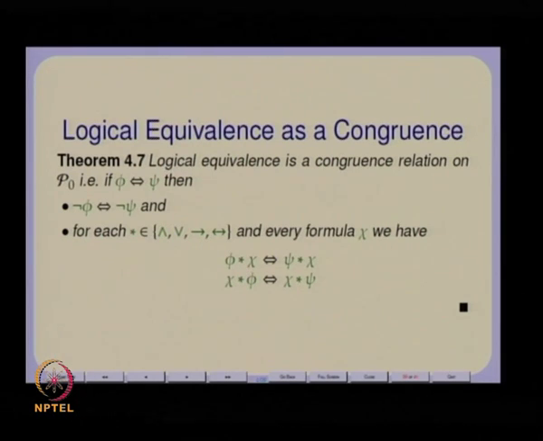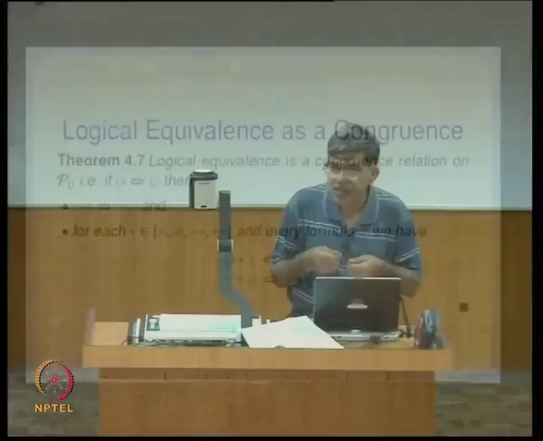So as I said, propositional logic is also an algebraic system with operators like and, or, not, the arrow and the biconditional, right? So you take any context made up of these, logically equivalent propositions can be replaced by logically equivalent propositions and up to logical equivalence, the truth value will not change, and that is what this says.